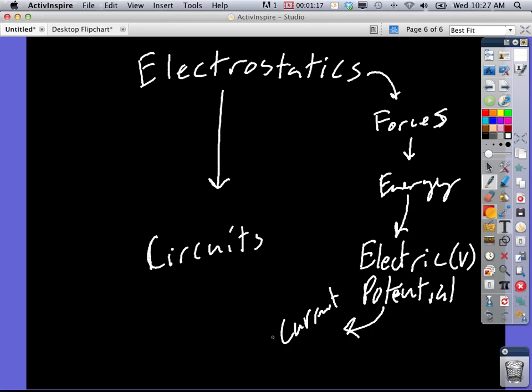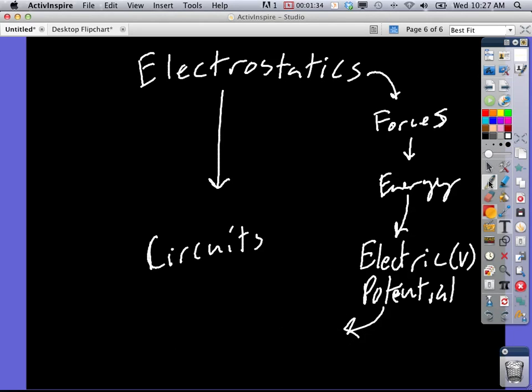From electric potential, you go to current. From current, resistance. Let me make those three together.